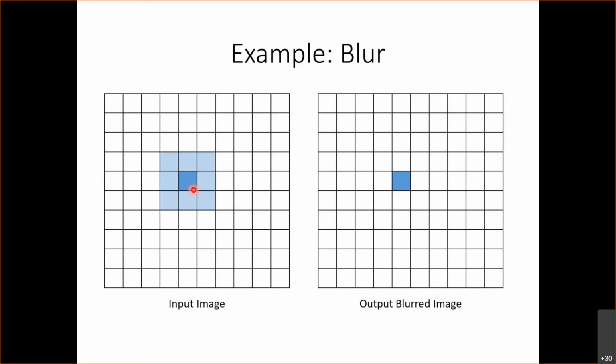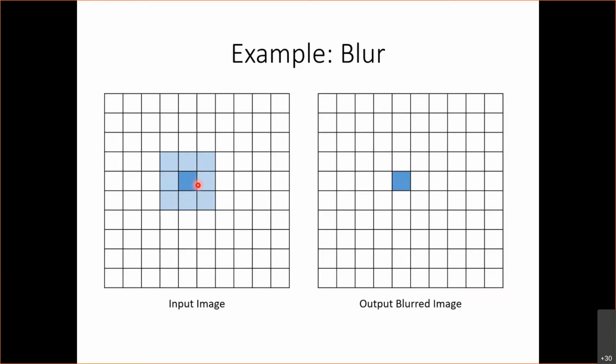The input pixels. So you're saying that a thread is going to have more than one input pixel. So what is the thread going to be responsible for? To take the average of more than one pixel, the square of 9 pixels. The square of 9 pixels.